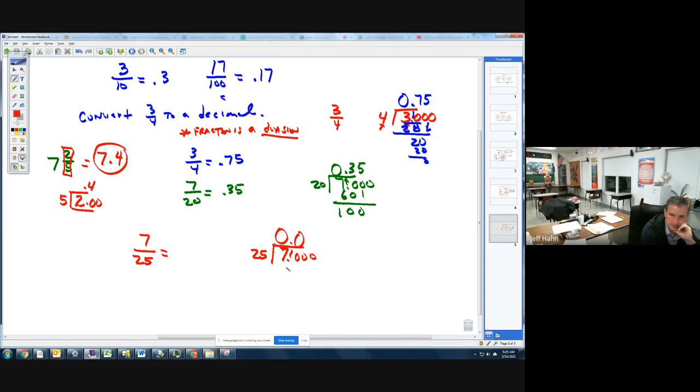Add a couple of zeros there. Oh, sorry. I put the zeros in the wrong place. Let's get back there. So if I put a 0 here, 25 does go into 70 twice, which is 50. Subtract, bring down another 0. And 25 goes into 200, take my word for it, 8 times. So the decimal equivalent here for 7/25 is 0.28.